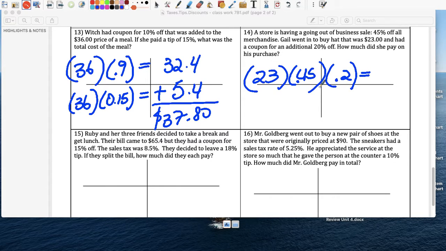And it becomes, really? Hang on a second. $23 times 0.45 times 0.2, I get $2.07. Can't be. I'm doing something wrong.